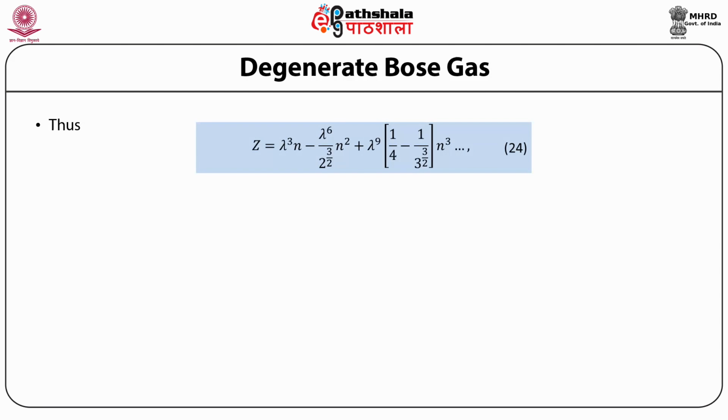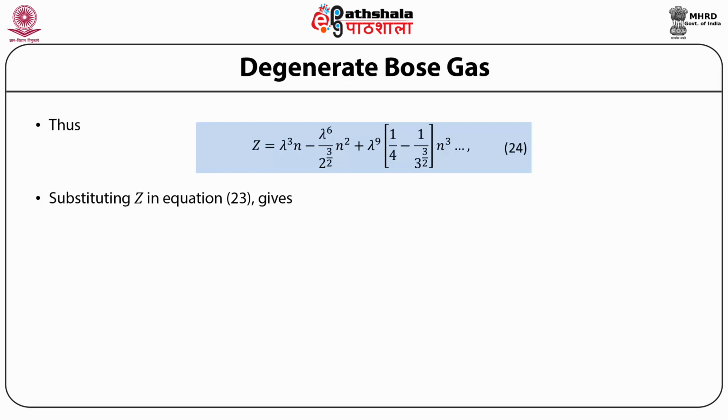Thus, Z is equal to lambda raised to power 3 n minus lambda raised to power 6 divided by 2 raised to power 3 by 2 n square plus lambda raised to power 9 multiplied by 1 by 4 minus 1 upon 3 raised to power 3 by 2 into n cube and so on.